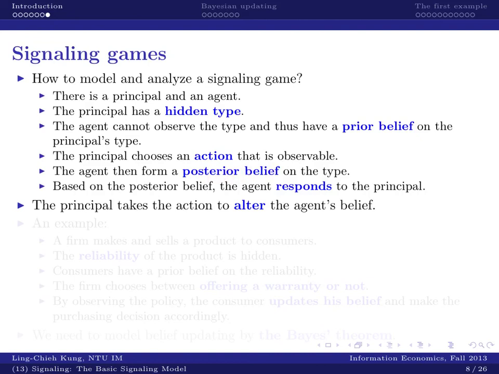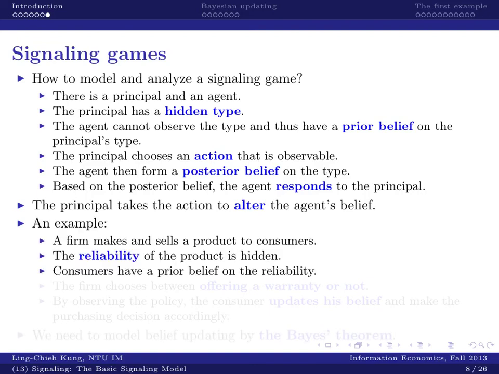Belief updating is going to happen. So I will take that into consideration when I am designing my warranty decision. When I am designing my warranty policy, I will think about the effect of altering the agent's belief. I will take the signaling effect into consideration so that I can really make the correct decision.